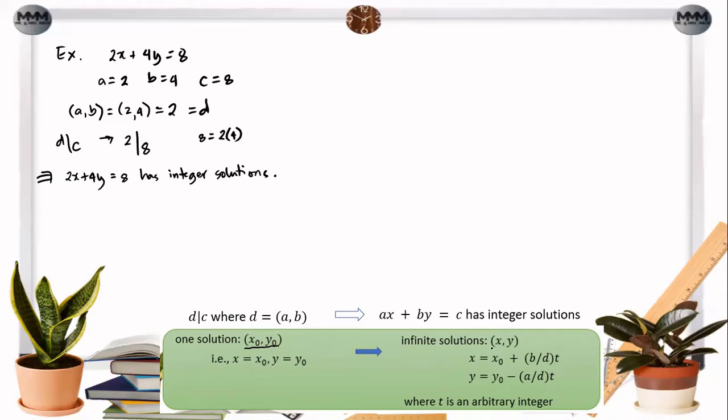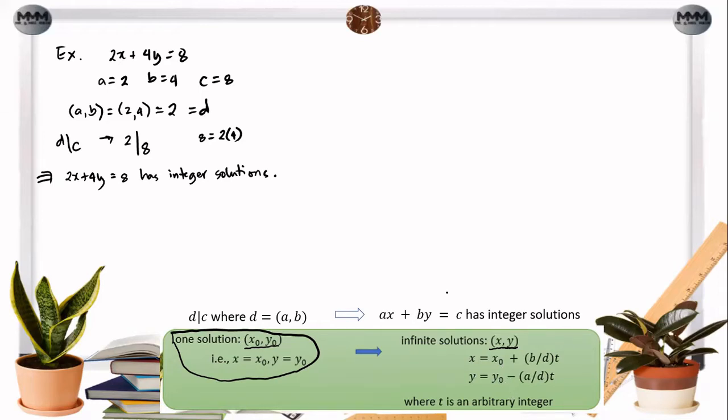We have the coordinates x, y, where x is in this form and y is in this form, where t is an arbitrary integer. Here, in our example, we will get a particular solution. This one here is our particular solution, x sub 0, y sub 0. Then our infinite solution can be written in this form, based on our particular solution.